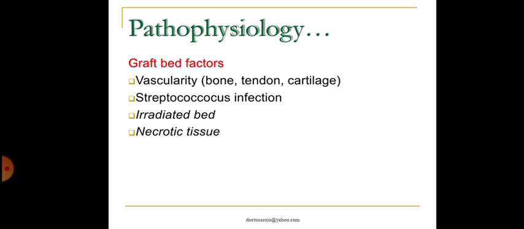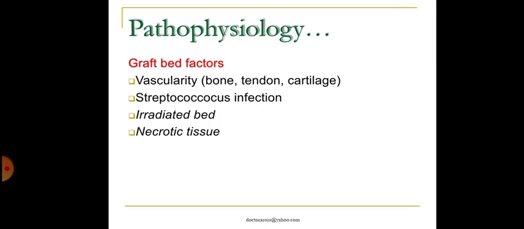In that, the vascularity. If it is bone, tendon or cartilage, the vascularity is high, and if there is a streptococcus infection, that may adversely affect the graft healing. Then irradiated bed. If it does not stick to the recipient site properly, it will adversely affect.